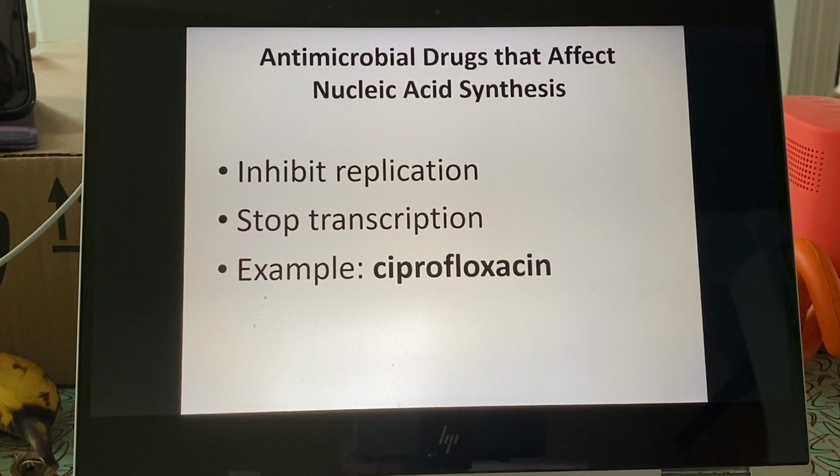And if you stop transcription, you automatically stop translation and no proteins are made. The drug that I want you to know in this category is ciprofloxacin. So routinely just called Cipro. It's a very commonly prescribed broad spectrum antibiotic, but it's acting at the level of the DNA.